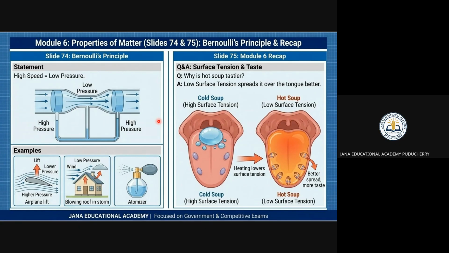Kinetic energy means the body is in motion. So when a high pressure is applied and the flow starts, it takes kinetic energy and automatically the pressure decreases. When the pressure is lower, the speed is higher due to the kinetic energy, right?